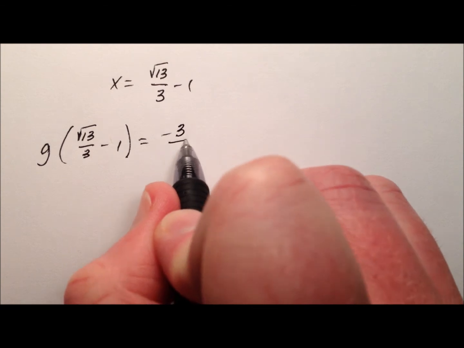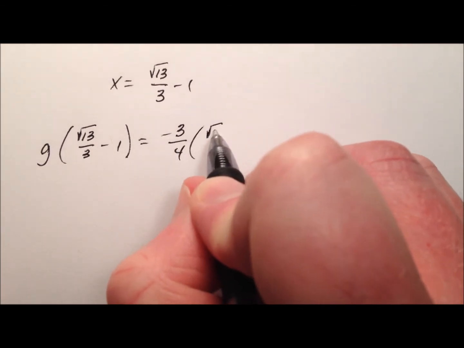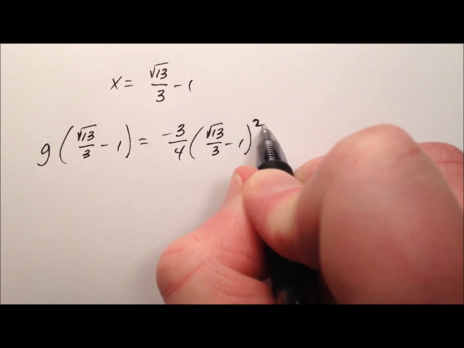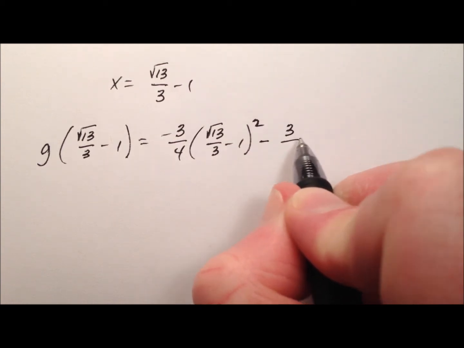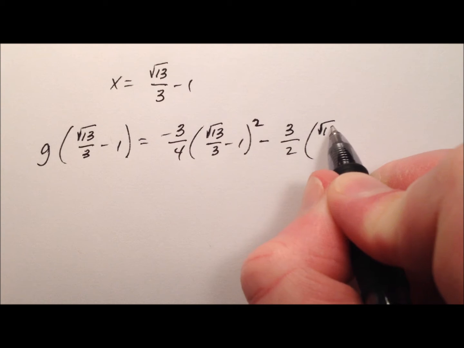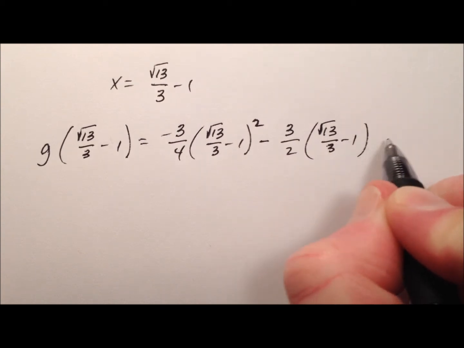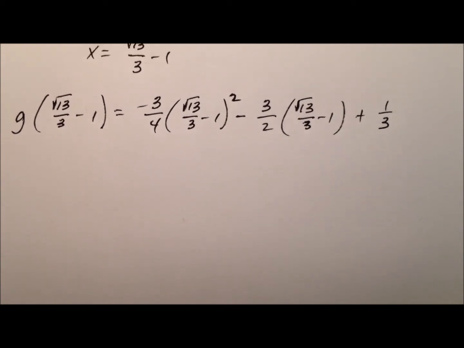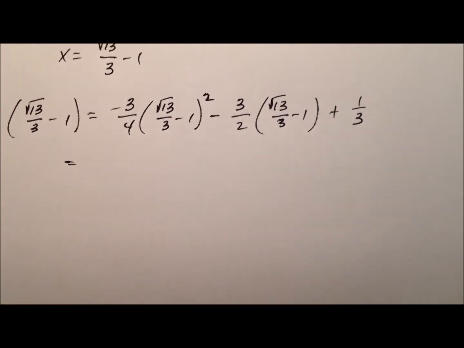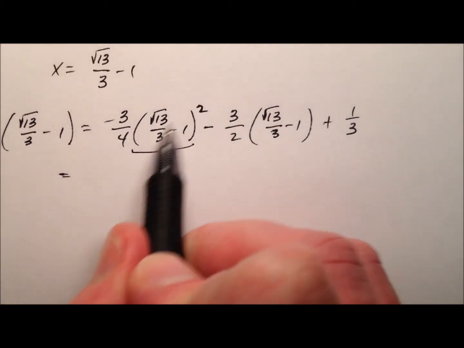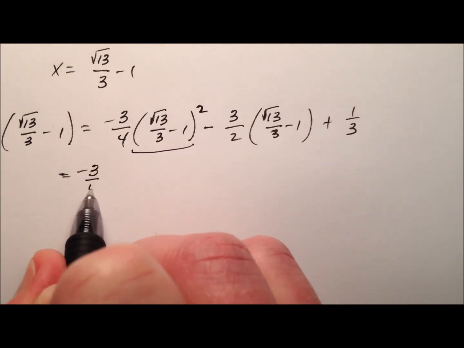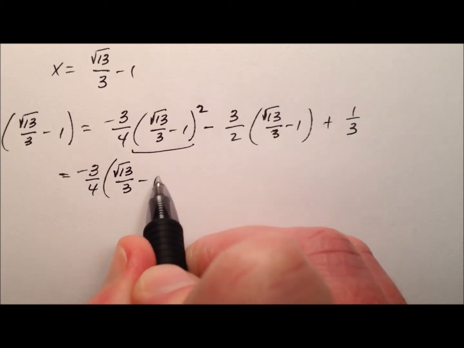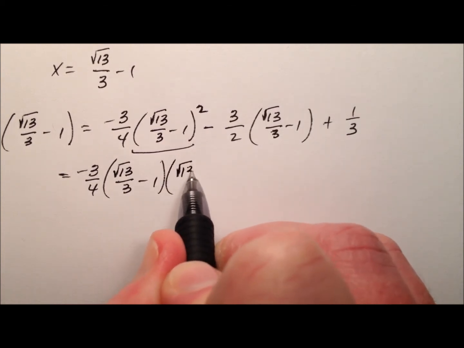Let's go ahead and plug everything in. We have -3/4 times the square root of 13 over 3 minus 1 squared, minus 3/2 times that value that we're plugging in, and then plus 1/3 on the end. All right, this might look like, oh my, but we'll be okay. So when I square this stuff, I'm just going to put them side by side and multiply them out so we can visualize what's going on.